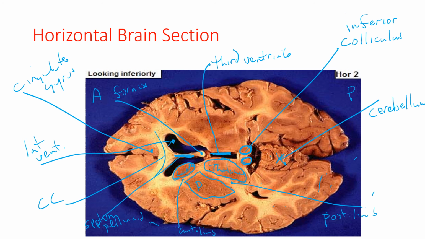If you see a colliculus, but you don't see a cerebellum, that is going to be the superior colliculus. So all you need to do is practice a little bit, make sure that you can see the colliculi, and then just look for the presence or the absence of the cerebellum.